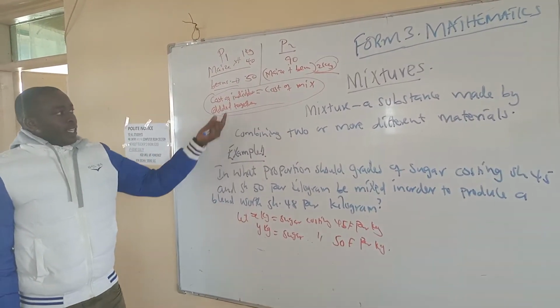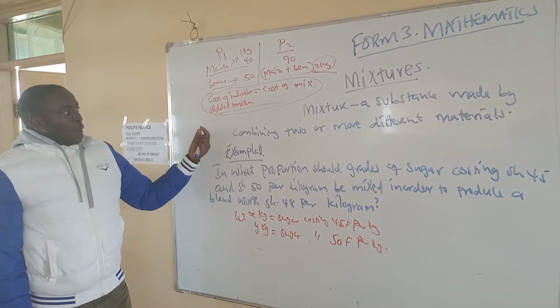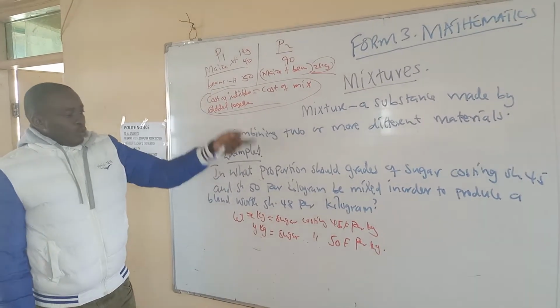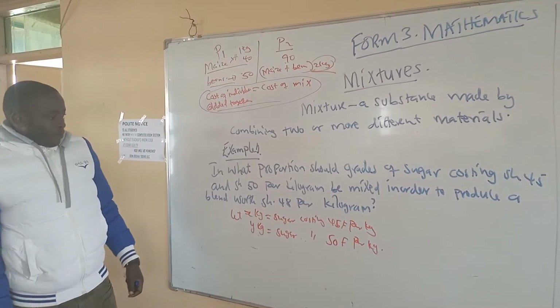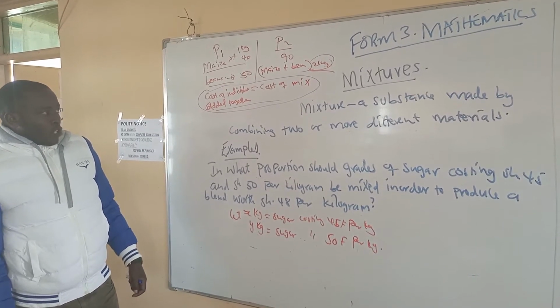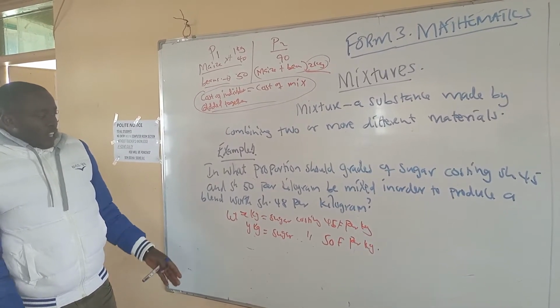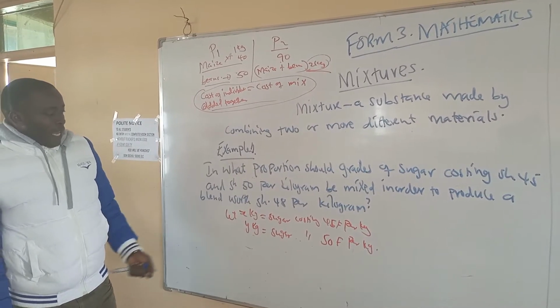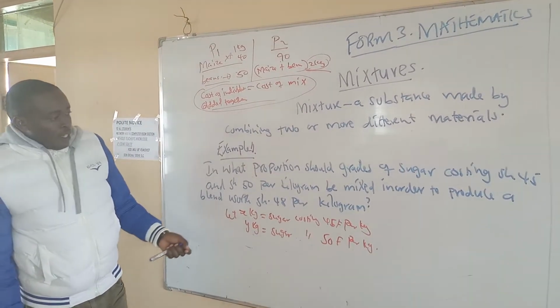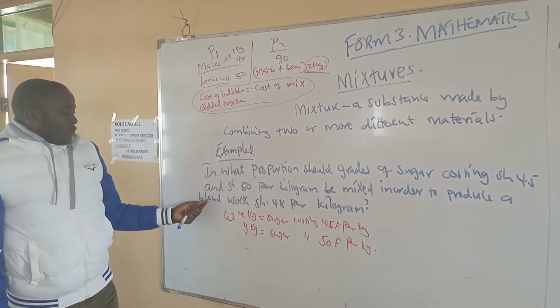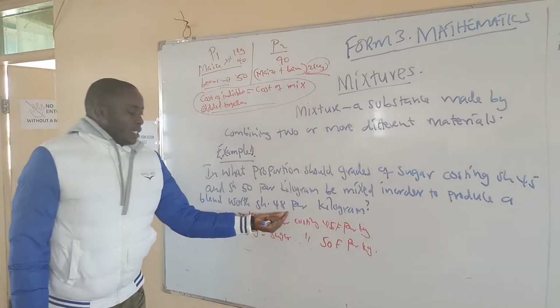Like we said, the cost per kg added together gives the cost of the mixture. They are equal: when you mix together and when you buy as individuals and add them. The blend was 48 shillings per kg.